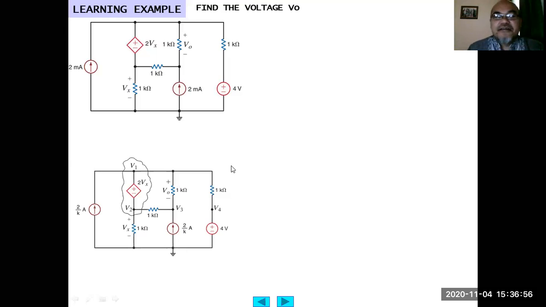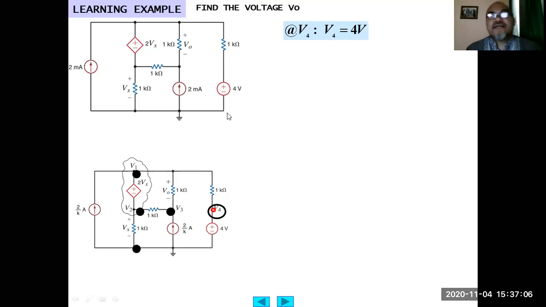Then this node we assign as V4, this node we assign as V3. At V4, since this voltage source is connected to the reference voltage, V4 equals 4 volt.